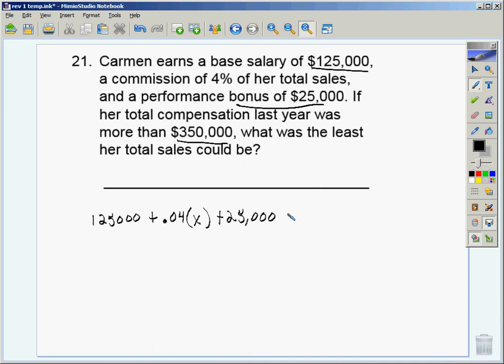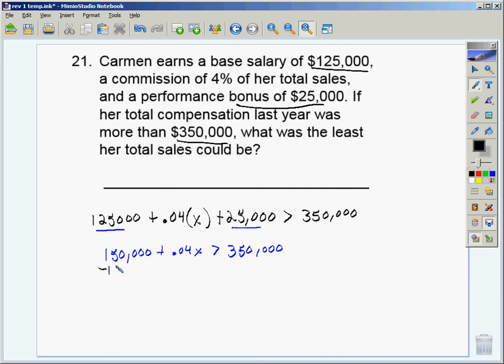If it was more than, then it had to be what? Greater than $350,000. These are on the same side of the inequality, so I could put them together. When I add them together, I get 150,000 plus 0.04x is greater than 350,000.